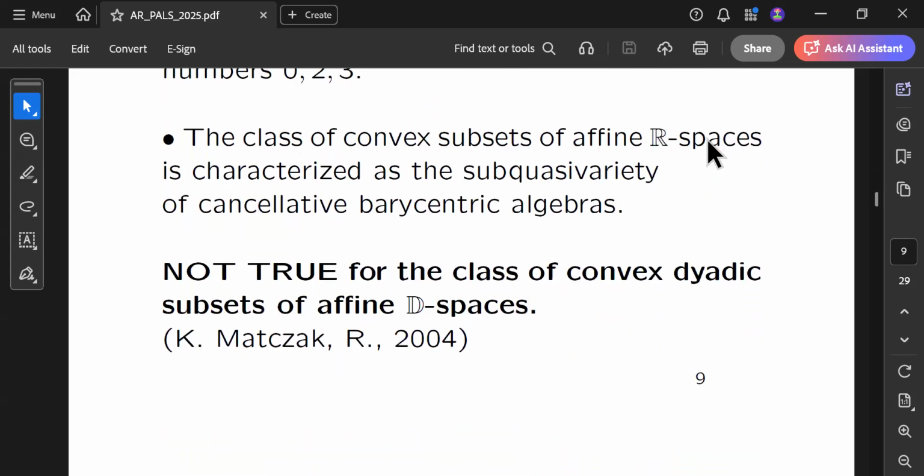The class of convex subsets of affine R spaces was characterized by Walter Neumann as the sub-quasi-variety of cancellative barycentric algebras. In fact, this is the minimal quasi-variety of barycentric algebras, and all quasi-varieties were characterized much later by the young, at that time, Russian mathematician Ignatov.